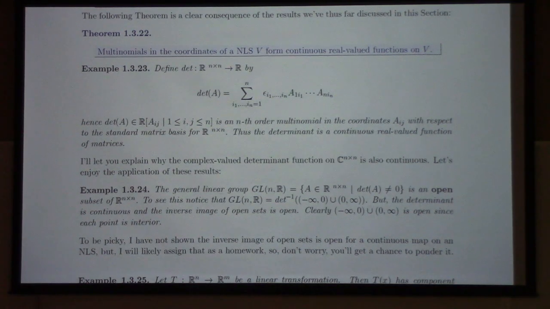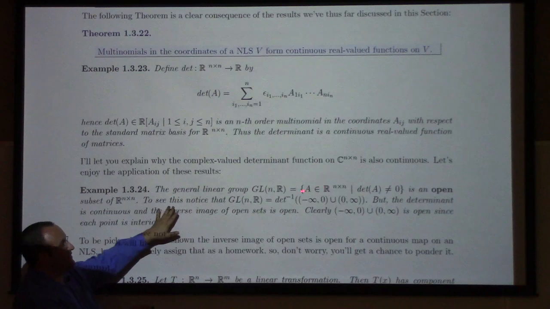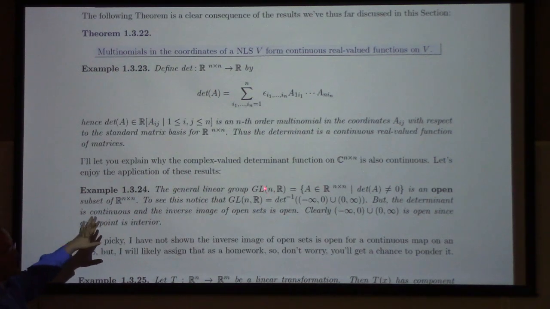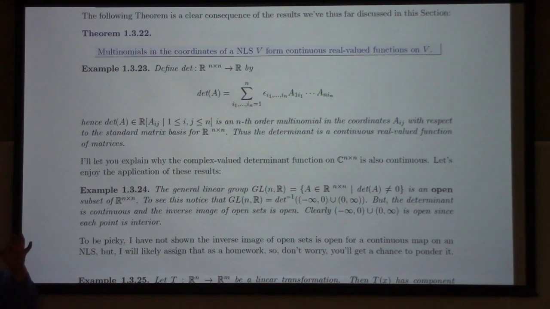I must behave. So this example is a beautiful application of all this. General linear group. What is it? It is the set of invertible n by n matrices over the reals. We can argue that this is an open subset of matrices, meaning that if you look at the Frobenius norm, you pick any particular invertible matrix, there is a neighborhood around that point full of invertible matrices.